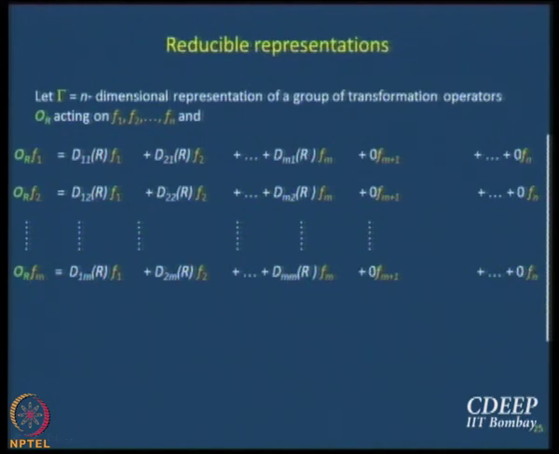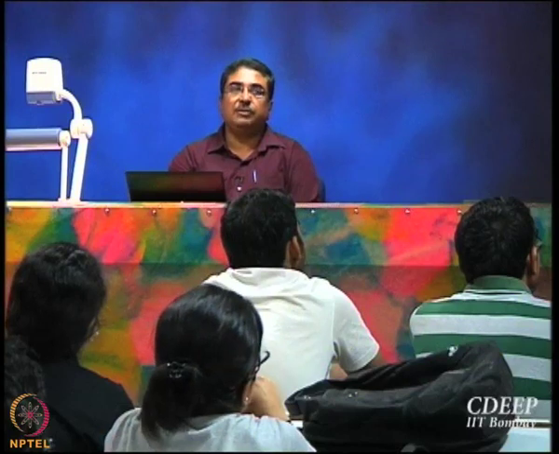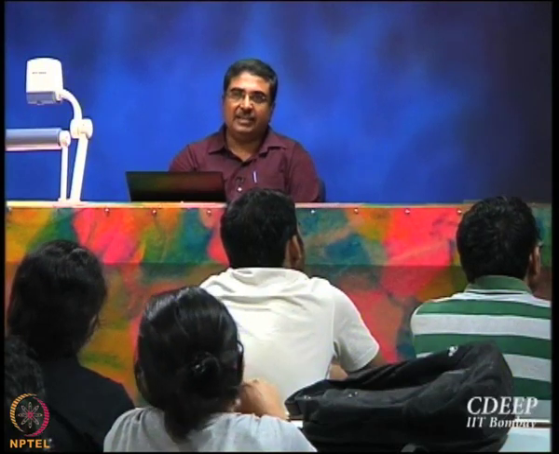Have we encountered a situation like this? When we work with XYZ and we say that there is an axis of rotation along the Z axis, then what happened? Did we not get a similar situation? X and Y mixed, Z did not. So, what was X dash for rotation by theta?